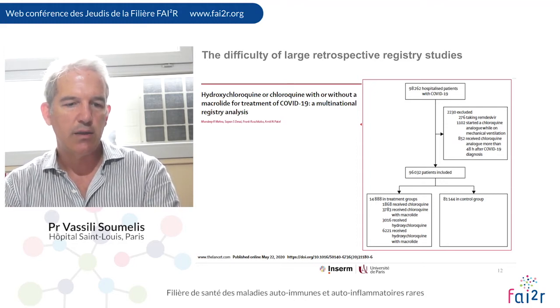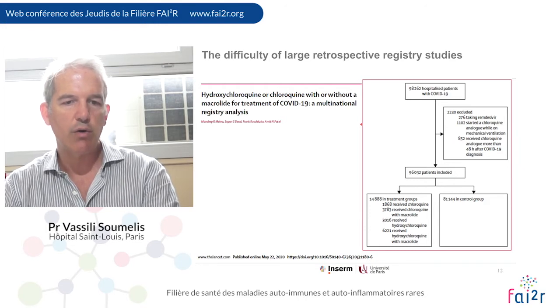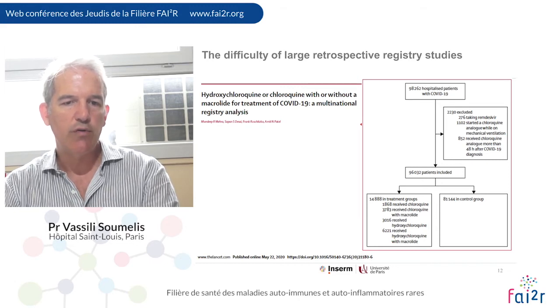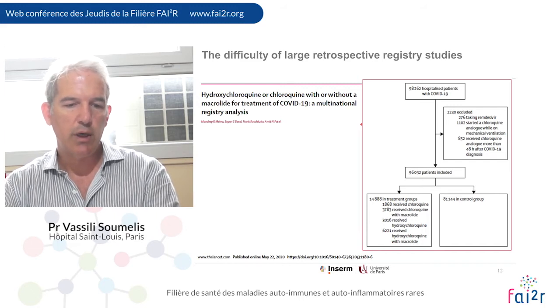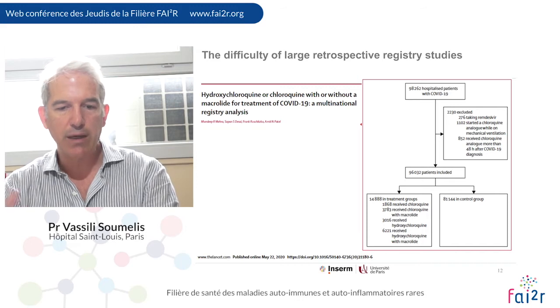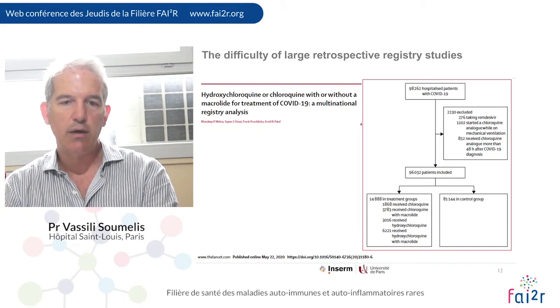It is the Lancet paper analyzing the effects of hydroxychloroquine or chloroquine with or without a macrolide in the treatment of COVID-19, that you may have heard of because it has been discussed a lot and has generated a lot of controversies. It was published at the end of May in the Lancet and retracted a few weeks after.